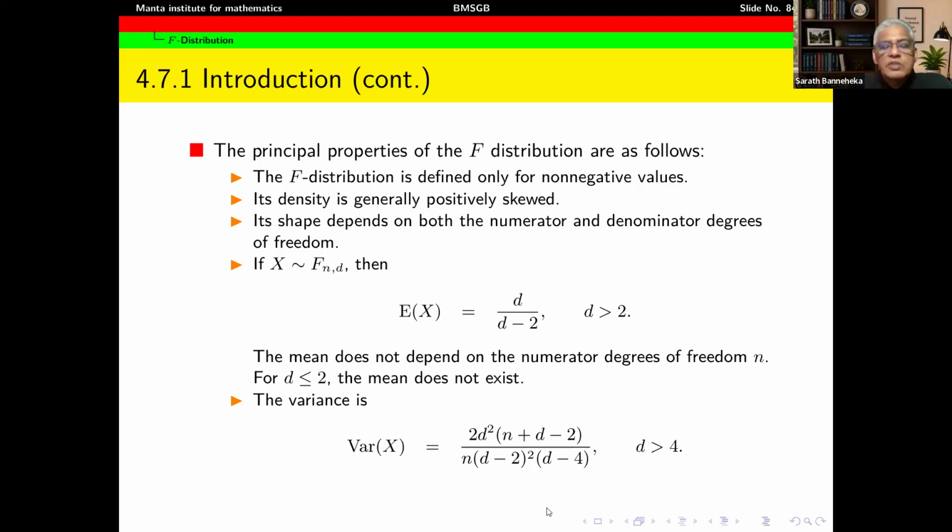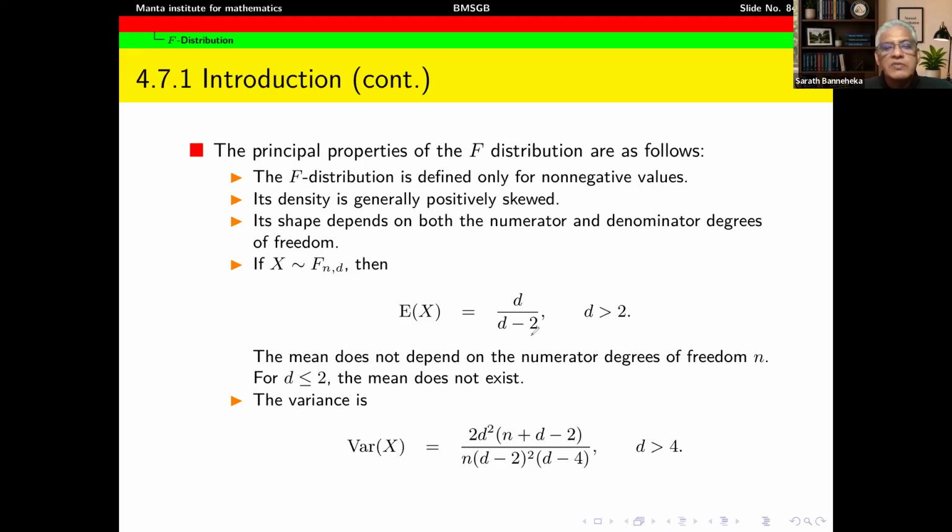An important result for an F distribution is that if X has an F distribution with N and D degrees of freedom, the expected value is equal to D divided by D minus 2. So you see that the expected value does not involve the numerator degrees of freedom N. The expected value of the F distribution depends only on the denominator degrees of freedom.